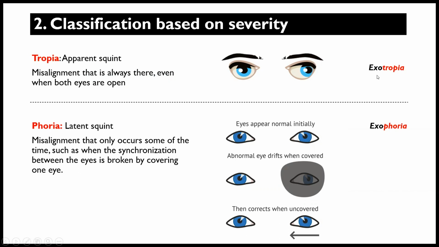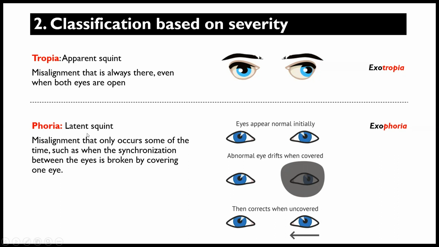Like in this case, this is an exotropia. If it was moving inside, it would not be exotropia, it would be something else. If it is moving up, then it will be hypertropia. So when you can apparently see the misalignment, that is a tropia.